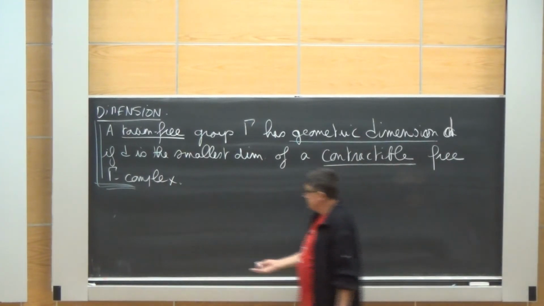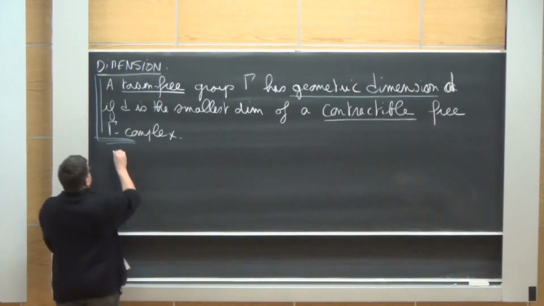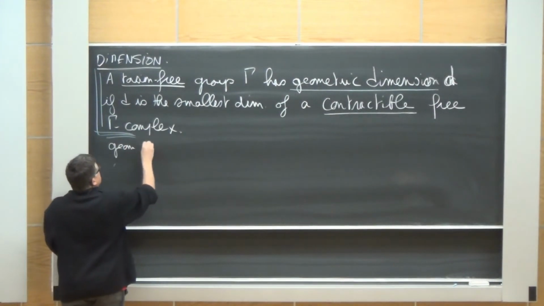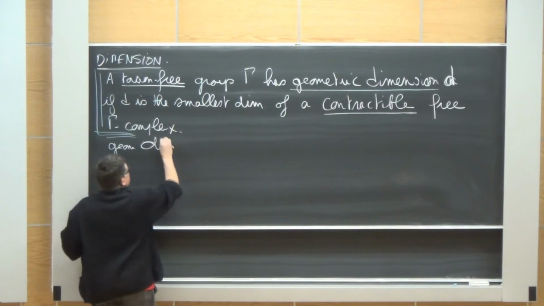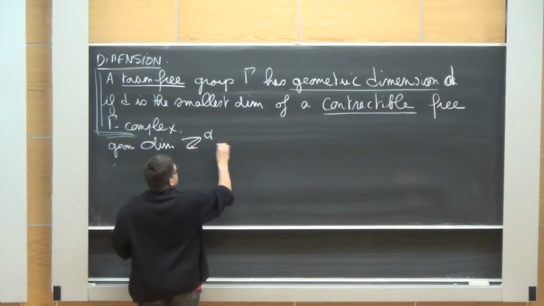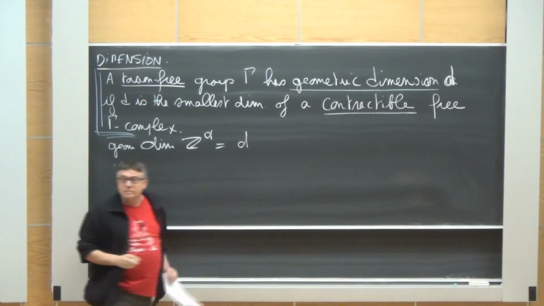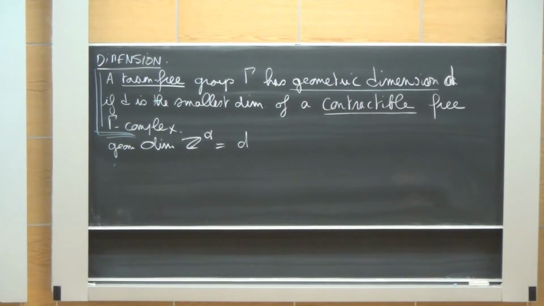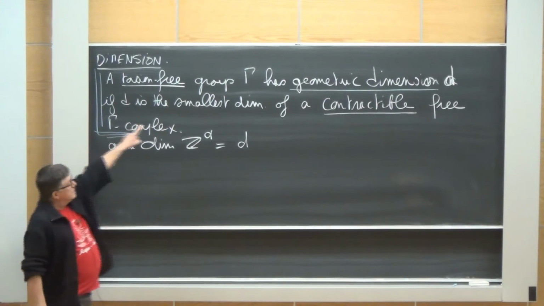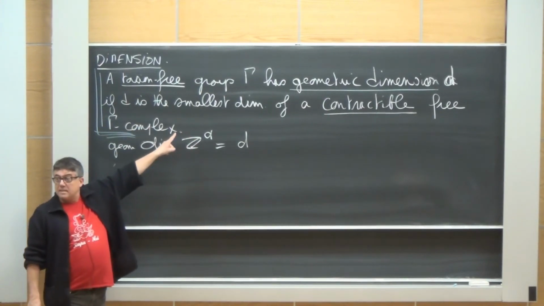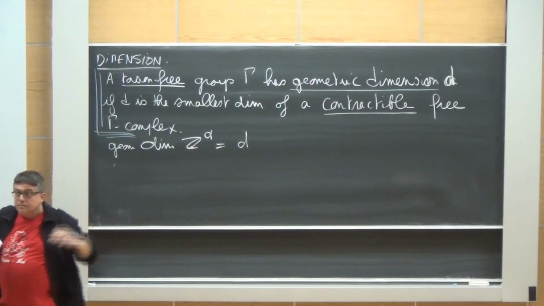So for instance, the geometric dimension of Z to the D equals D. This notion of dimension decreases when you take subgroups. Of course, if you have a subgroup, it acts nicely on the same spaces as the ambient group.